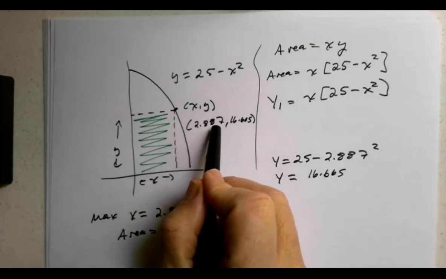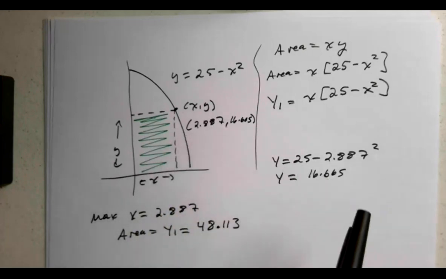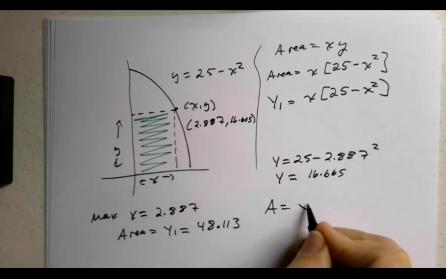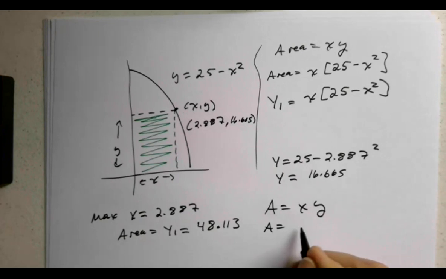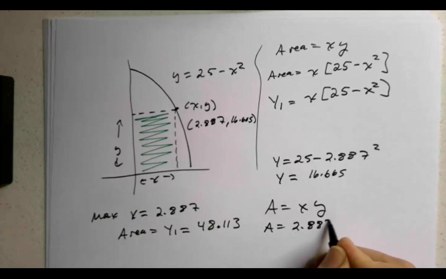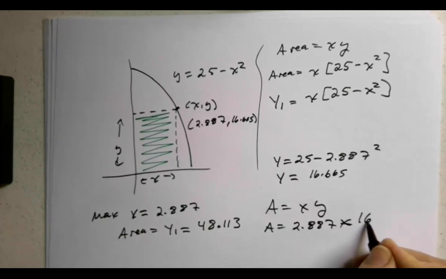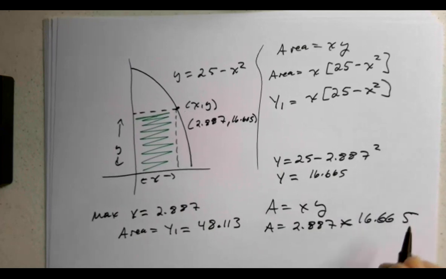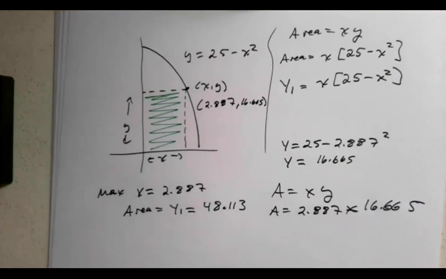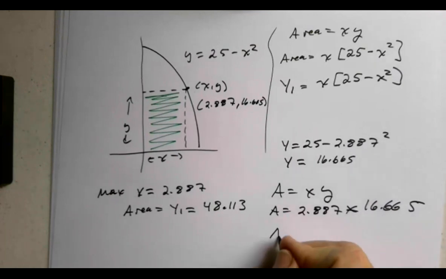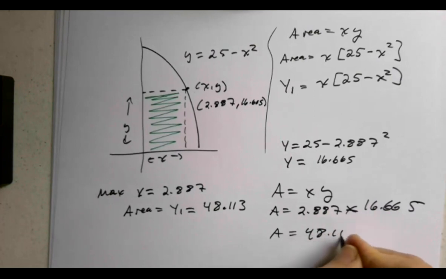If x is 2.887 and y is 16.665, you see the area here would be x times y. Should be 2.887 times 16.665. And what does that give me? Hopefully something around 48.11. What do we get? 2.887 times 16.665, and we get 48.11. So that agrees.